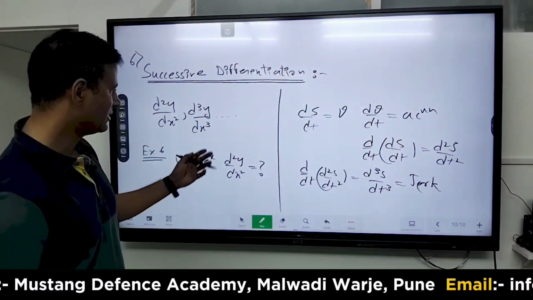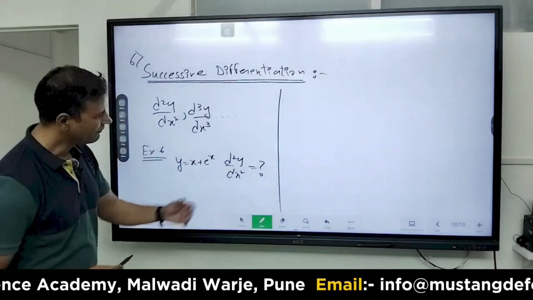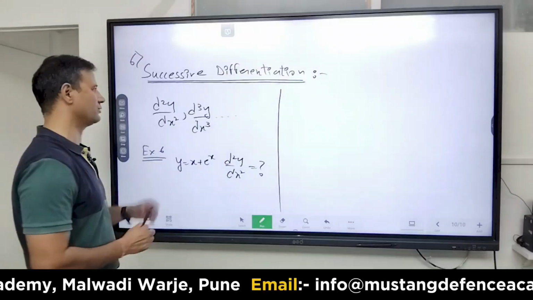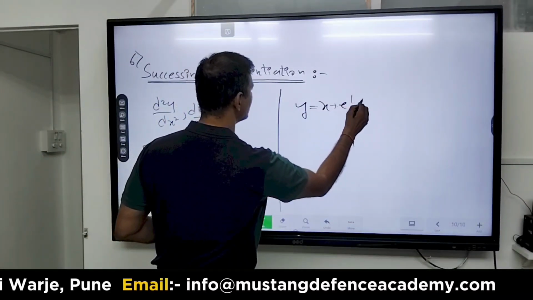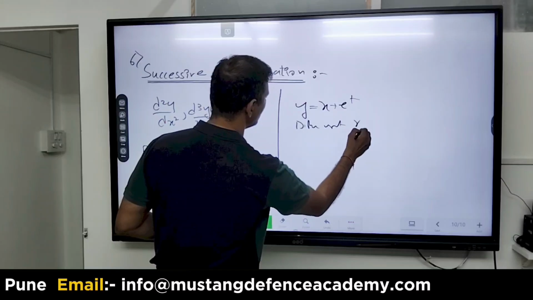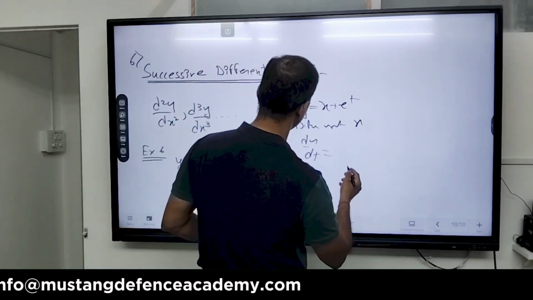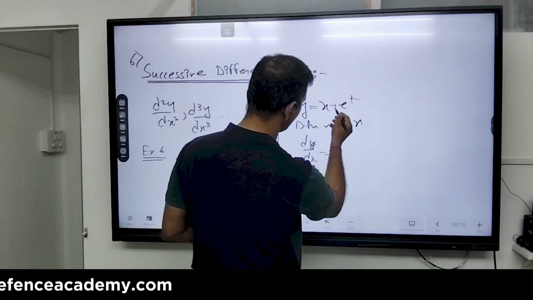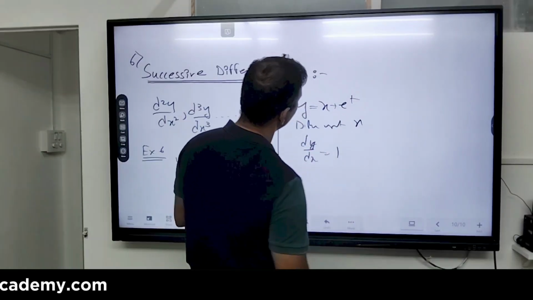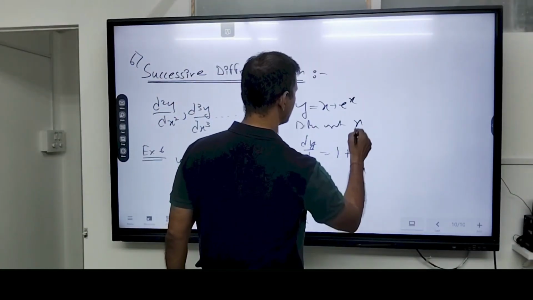Now let us do it mathematically. y is equal to x plus e raised to x. Find d2y by dx2. So we get y is equal to x plus e raised to x, differentiating with respect to x. So dy by dx is equal to 1, d by dx of x is 1, plus e raised to x.